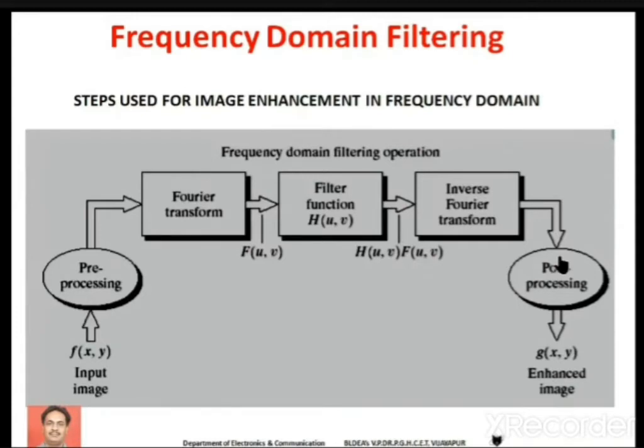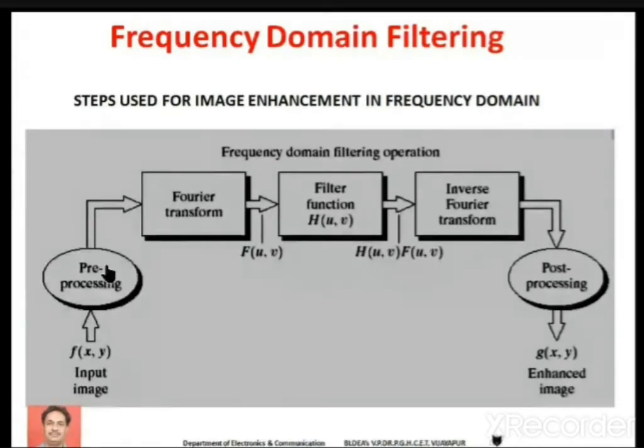It is required to compensate for the pre-processing operation we applied at the beginning. At the end, we get the enhanced image g of x comma y. So these are the 5 steps we require to enhance the image in the frequency domain.